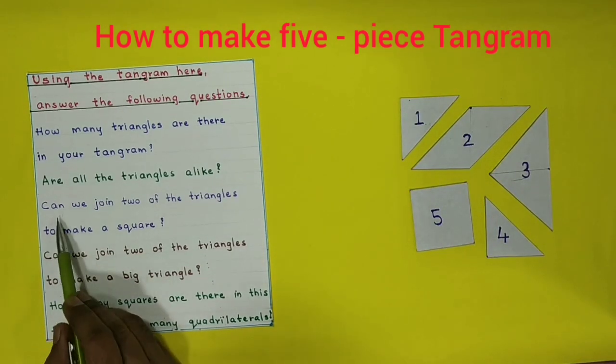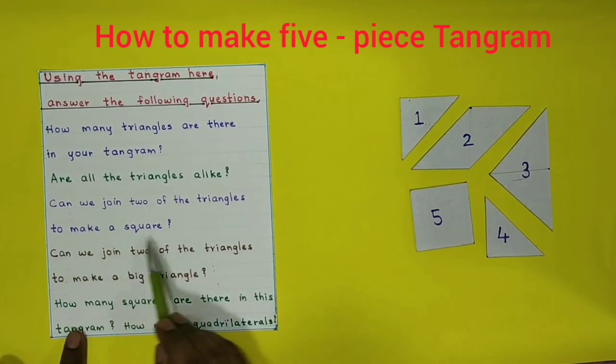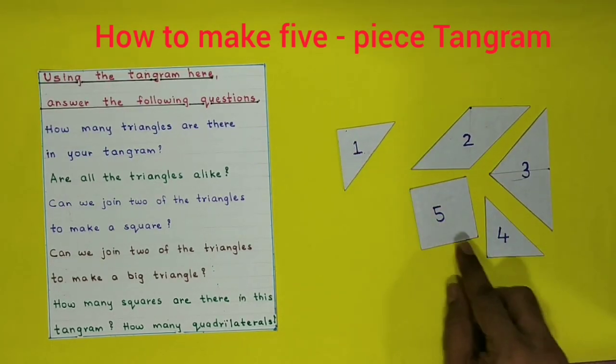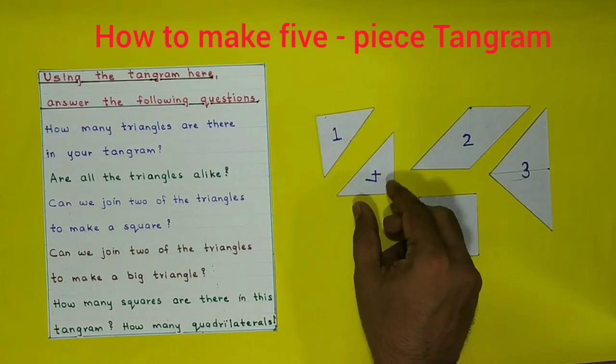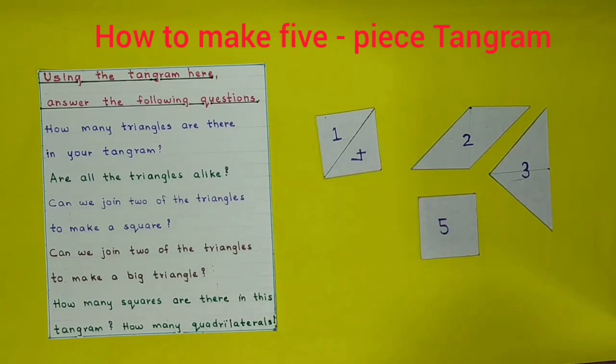Third question is, can we join 2 of the triangles to make a square? Now let us take triangle 1 and triangle 4. See here. If we join this one, we're getting a perfect square, isn't it?